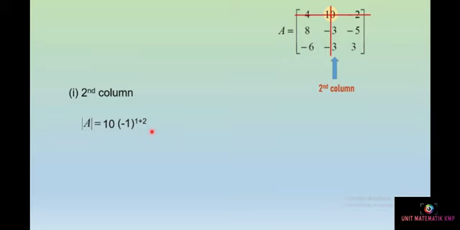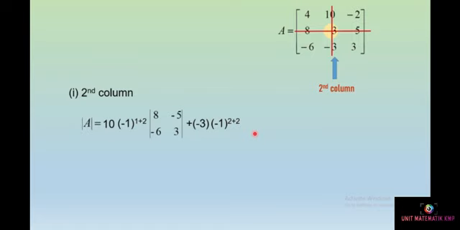So write the resulting determinant, plus the second element of the second column, negative 3, times its cofactor, negative 1 to the power row 2 plus column 2, delete its row and column.